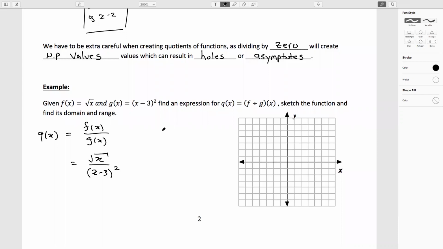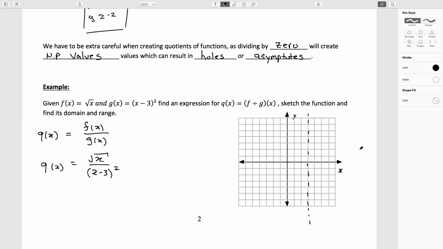So now, just by looking at this, I think we have an idea what's going to happen. If we could cancel x minus 3 out, we would have a hole, but that's not possible. So we're going to have an asymptote at x equals 3. We can draw that in right now because we know it's going to be there.